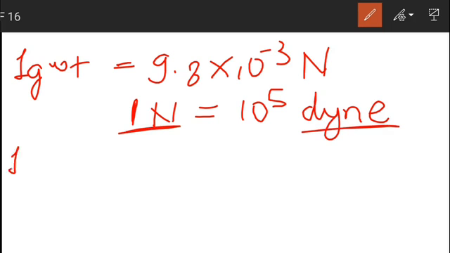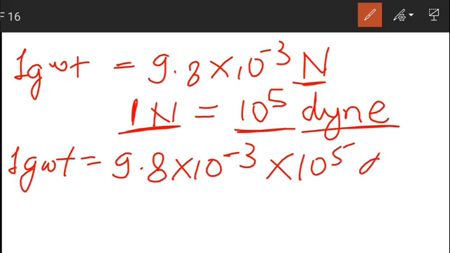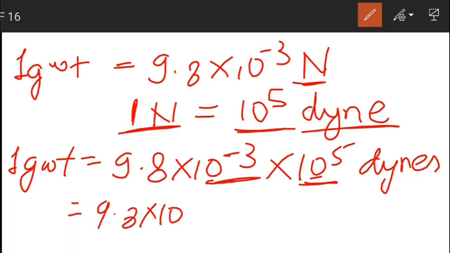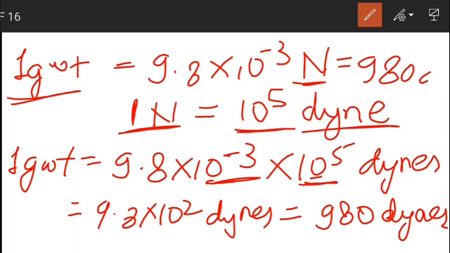So we can write 1 gram weight is equals to 9.8 into 10 to the power minus 3 into, in place of 1 Newton, we can write 10 to the power 5 dynes. So here 10 to the power 5 and here 10 to the power minus 3. So what we have, 10 to the power 2. So 9.8 into 10 to the power 2 dyne, which is equals to 980 dynes. So 1 gram weight is equals to 980 dyne.